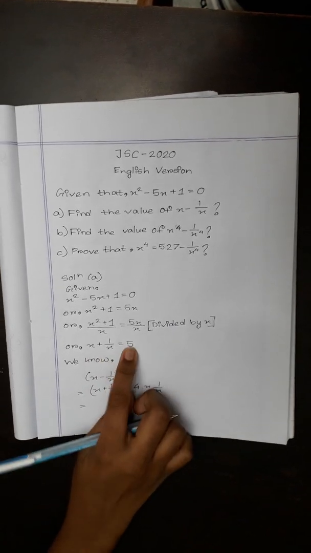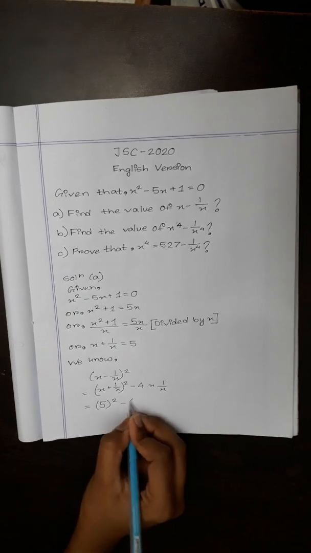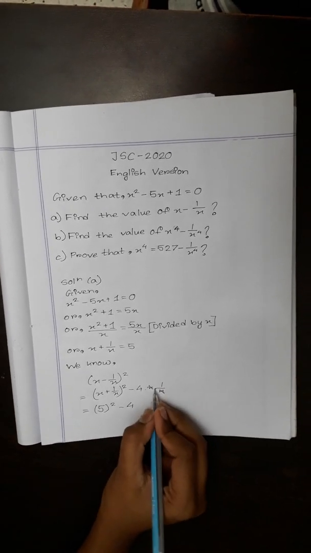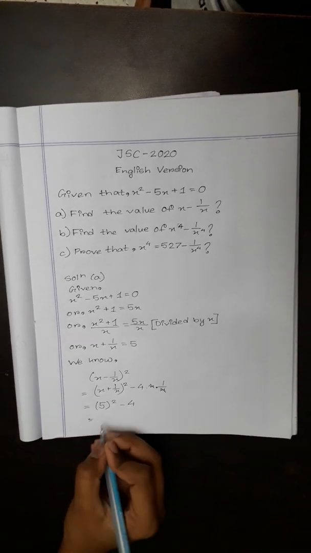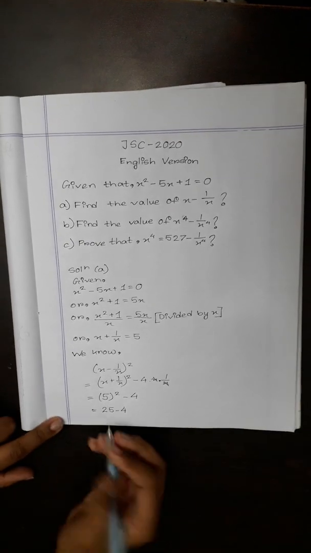We have to put the value over here: 5 whole square minus 4. We can cut this because of the multiplication sign. So it's equal to 25 minus 4. The answer finally goes to 21.